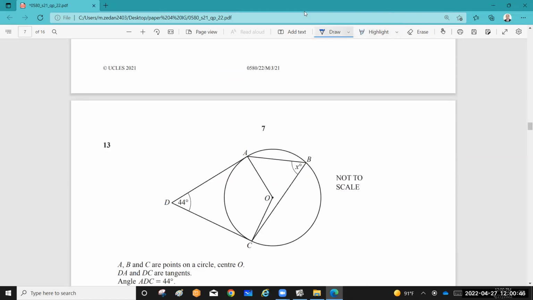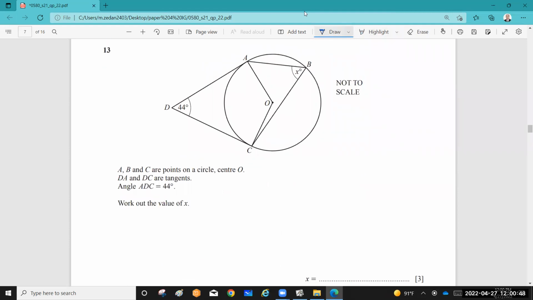Okay. I have a circle here, and I have to work out the value of x. The x is half the central angle. This is a cyclic quadrilateral because angles A and C are right, the radius is perpendicular. So I can find 2x now.